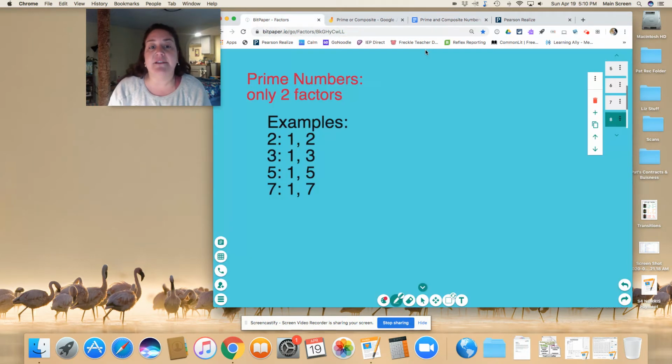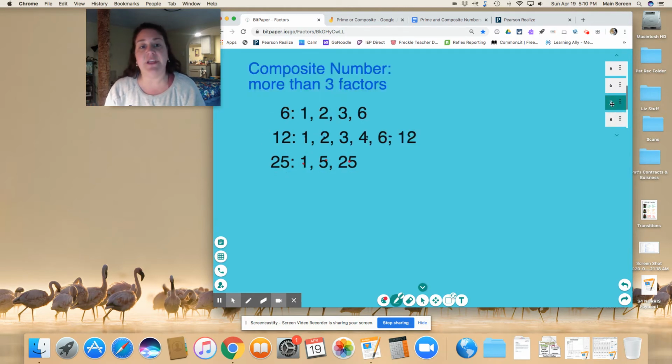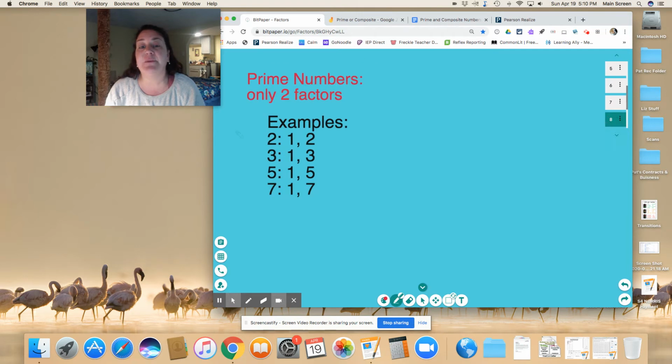So going back to our prime numbers here, I was showing you that here are some composite numbers, and these are prime numbers: 2, 3, 5, and 7. Those are the first 4 prime numbers on that chart.